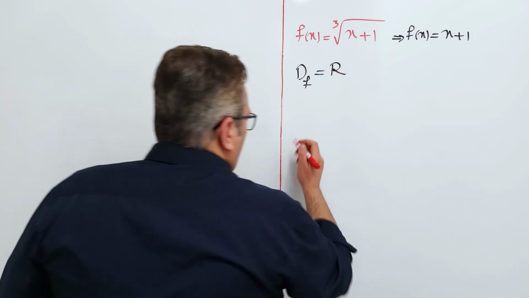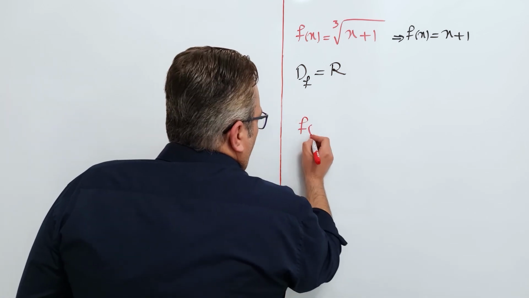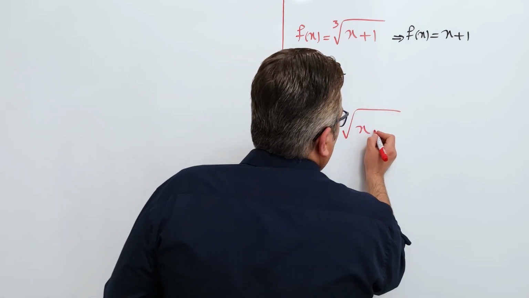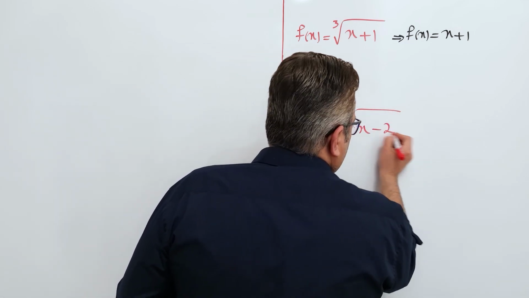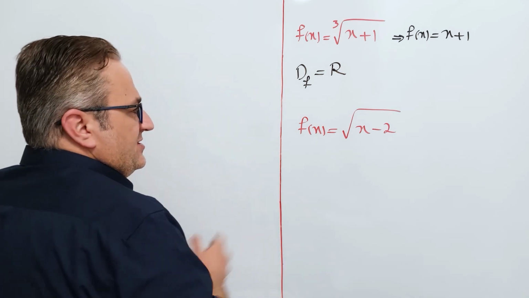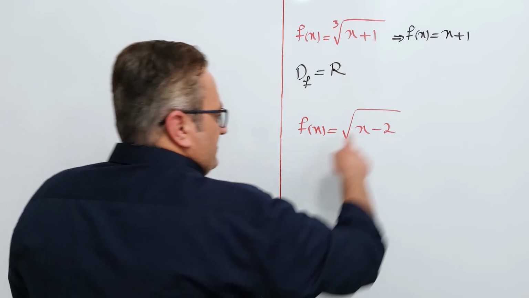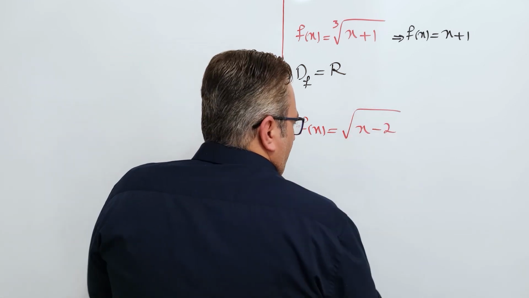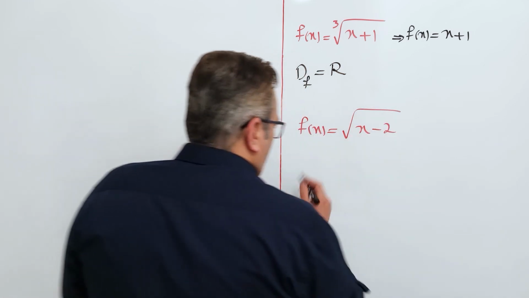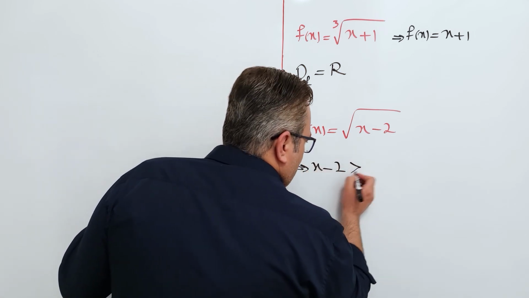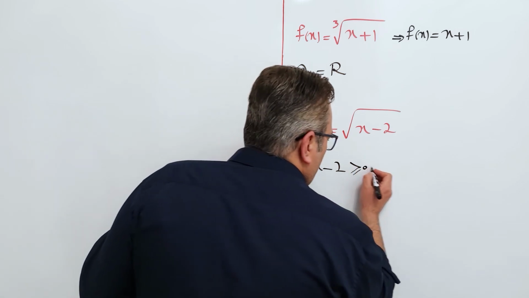And if f of x is equal to the square root of x minus 2, since the index of the radical is even, the expression inside the radical must be non-negative, meaning x minus 2 is greater than or equal to 0.